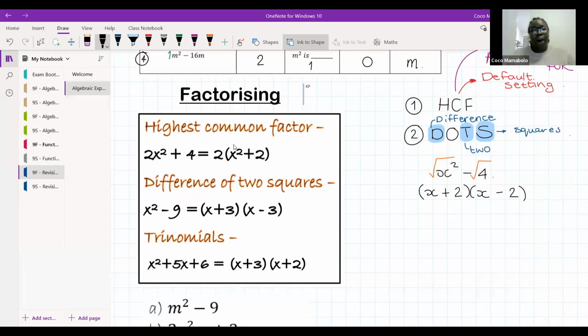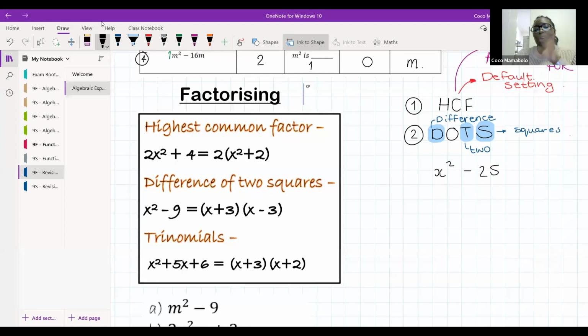Okay, now I want to ask you guys, just like Amasha has done in the chat, if I said I've got x squared minus 25, is this a difference of squares? Yes or no? Good, it's a difference of squares.